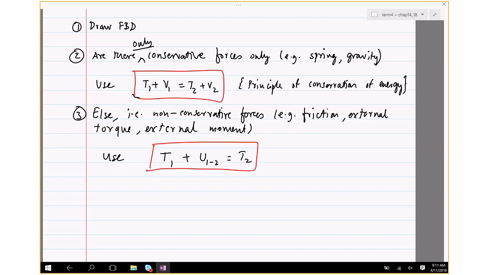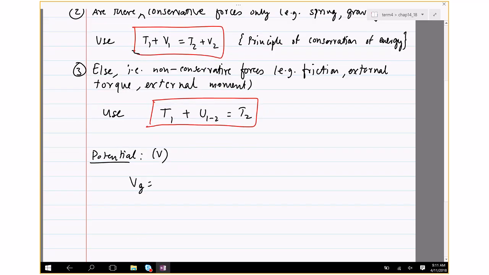I'm going to assume that you know, but let me just put this down. The formulas for potentials. So potential, this is V, Vg is mg delta h. It's positive when delta h is upwards, it's 0 when delta h is 0 or on the datum, and then it equals minus mg delta h when delta h is downwards, right?